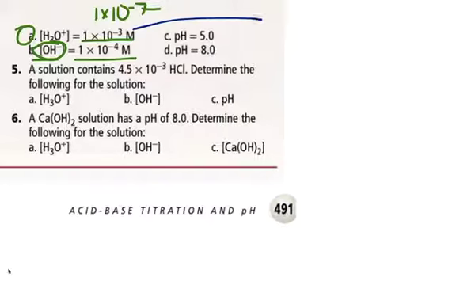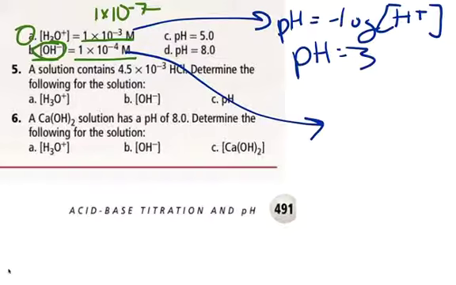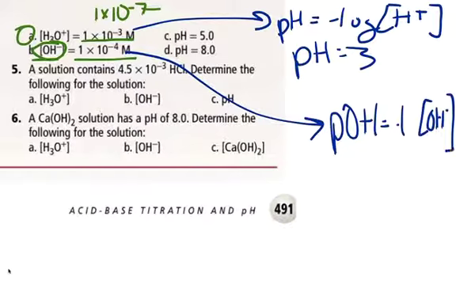We could really quickly calculate the pH of these values. The pH of the first one, again, is the negative log of that hydronium ion concentration, or hydrogen ion concentration. So the pH of the first one is 3, which makes it acidic. What's the pH of the next one? We have to be a little bit careful. I can directly calculate the pOH, which is the negative log of the OH, and this is where people screw up, is they want to just calculate the pH based off this, but this is the OH concentration.